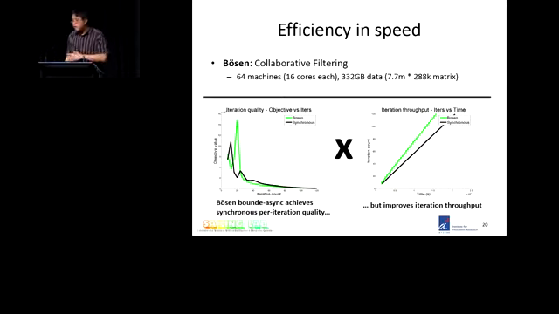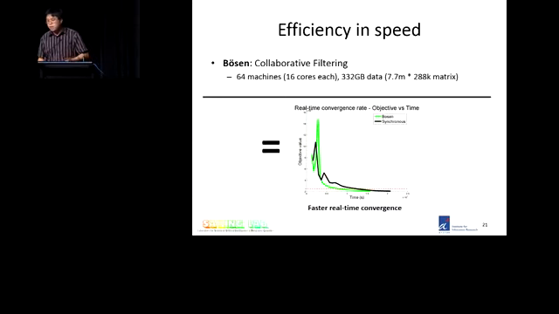However, if you look at the right, the iteration throughput is improved. So what's happening here is that if you take the product of these two graphs, that's going to be the real-time convergence rate, or the objective value versus time. So in this case, just bounded asynchronous parallel alone is improving the convergence rate by about 33%, but we can go a little further than that.